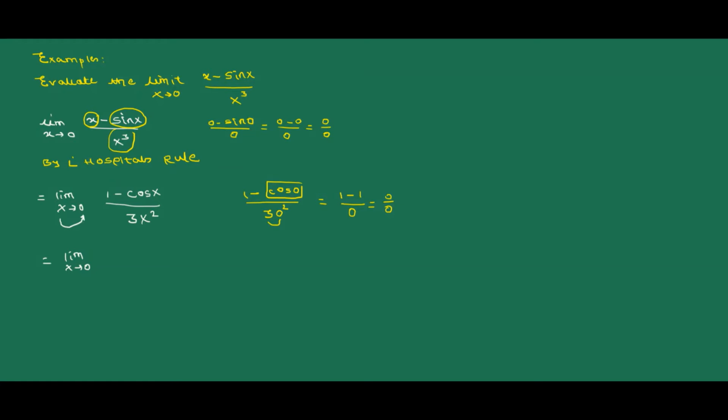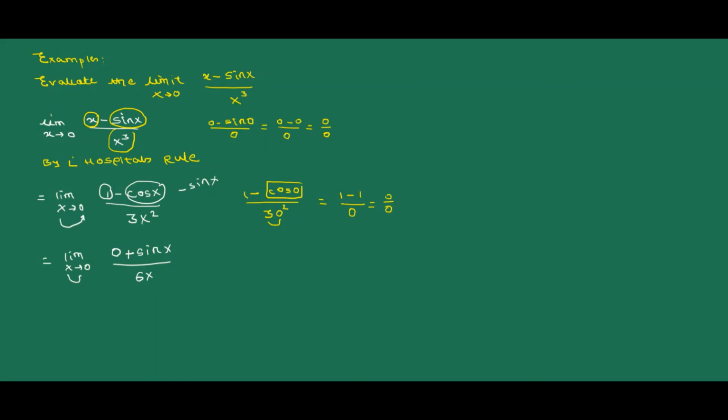The differentiation of 1 is 0, minus the differentiation of cos x, which is minus sin x, and this minus into minus becomes plus, that is sin x, divided by the differentiation of 3x square, which is 6x.